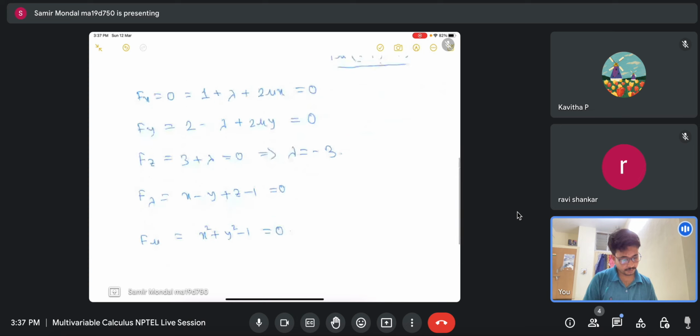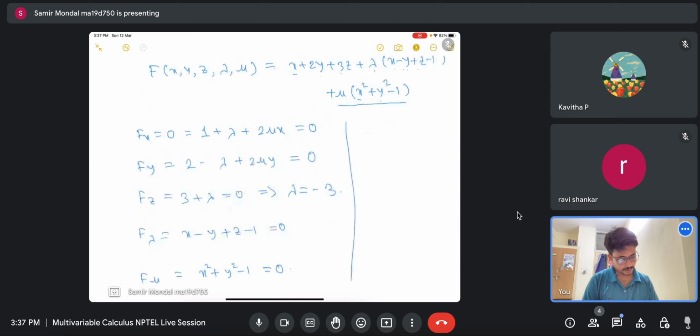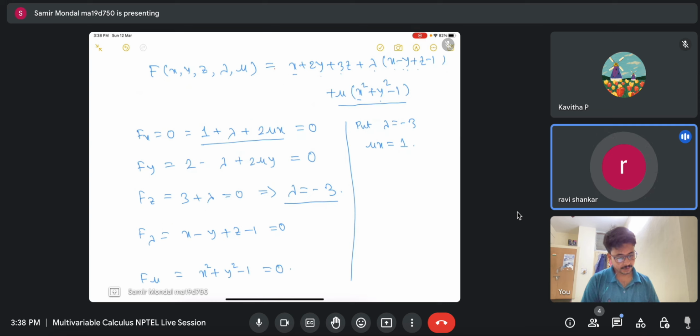Now do one thing here. Put lambda equal to minus 3 in the first equation. What will you get? You will get μx equal to 1 (with lambda minus 3, it comes minus 2 plus 2μx equal to 0). Fine.